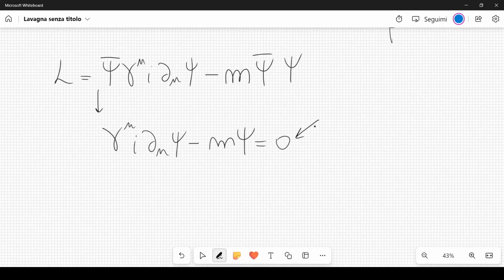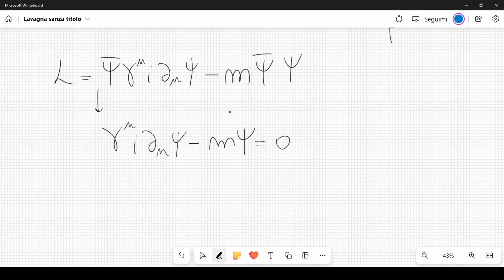This is also known, by the way, as the Dirac equation. But now we want to impose that this psi, which you can think of as a column vector, in particular the components of psi, will satisfy the complex scalar equation, so in particular the Klein-Gordon equation. So we want the scalars which compose this vector psi to satisfy the Klein-Gordon equation. And in particular they have to satisfy del mu del mu plus m squared, acting on the components of psi, equal to 0, like this.